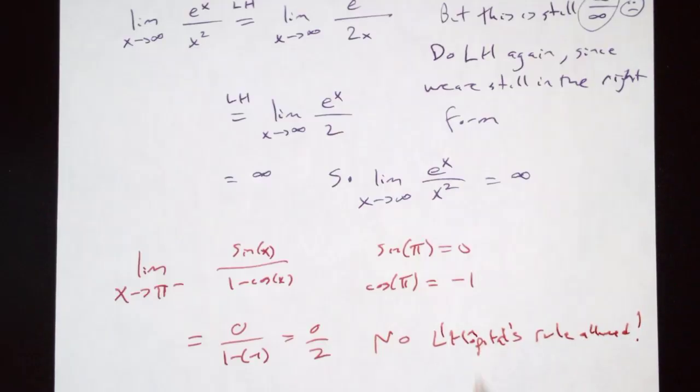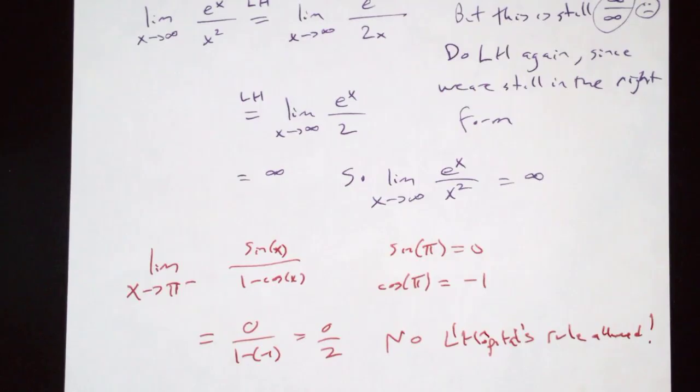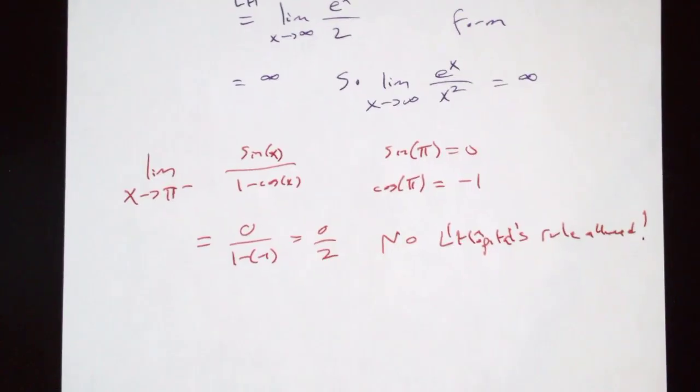I can't do L'Hopital's rule unless I get 0 over 0 or infinity over infinity or some variation of that. So I must check first whether or not I have the right form to do L'Hopital's rule before I just go applying it.